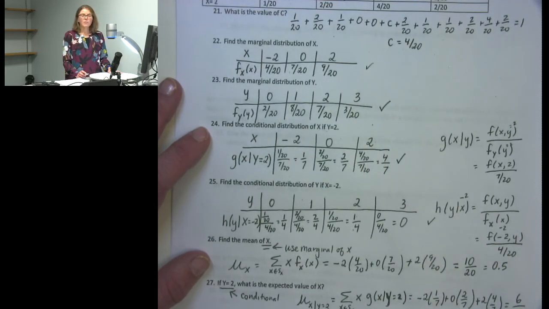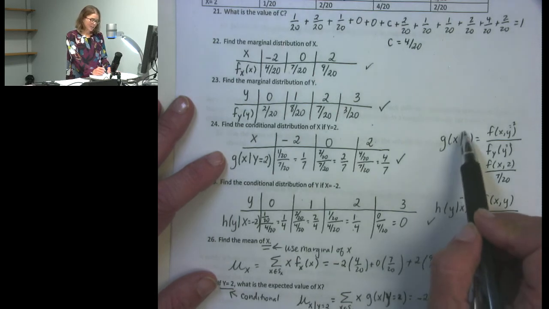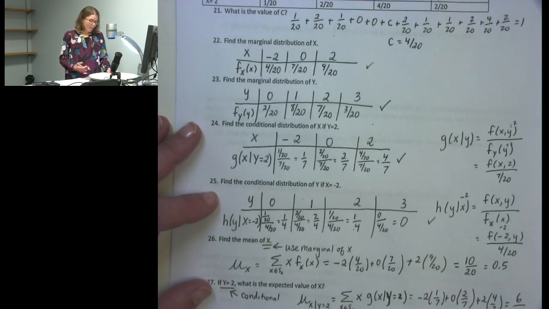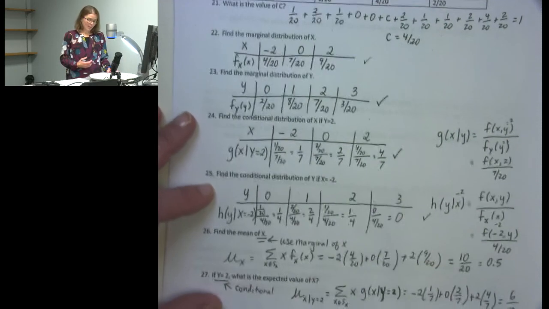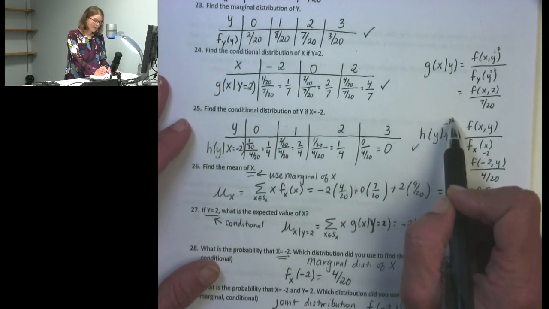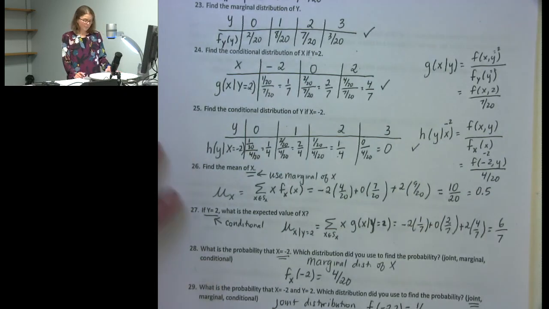If I'm answering a question that's saying, like, if y equals a particular value, then I'd be using a conditional distribution of x given y. And if I'm answering a question that says something along the lines of, if x equals a particular value, what is a probability or a mean associated with y, then I would use this conditional distribution of y given x.